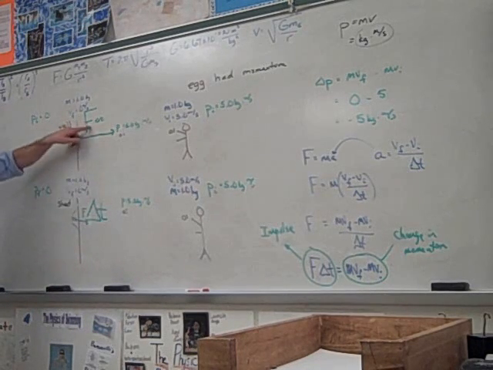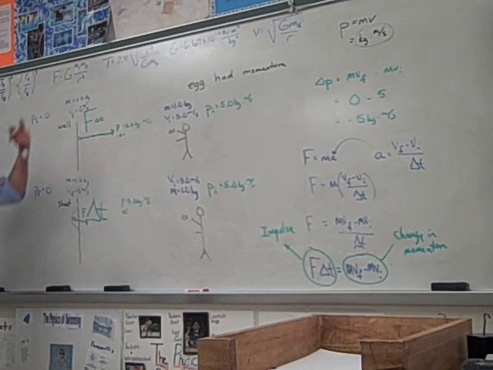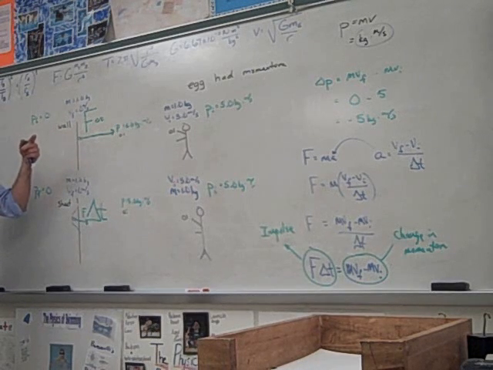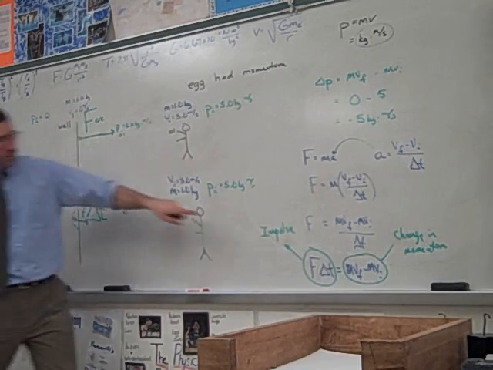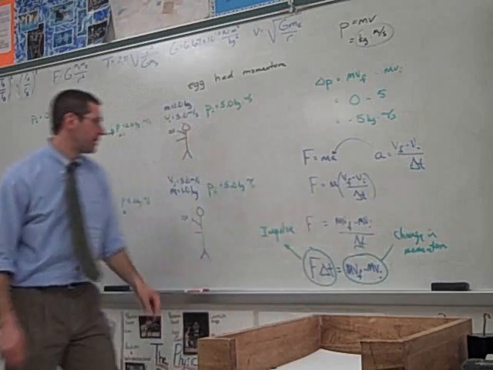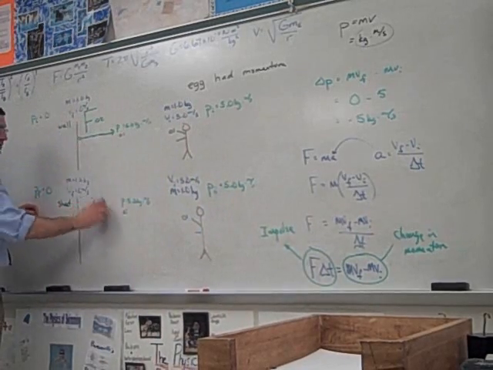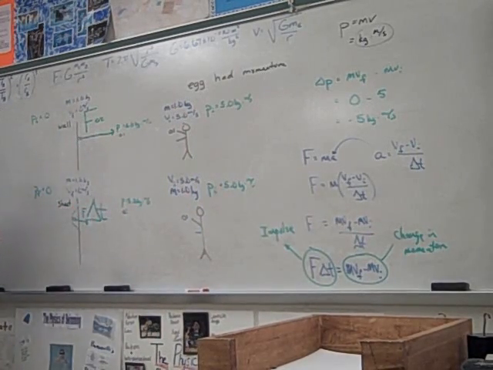Small time, big force, small force. Change in momentum is the same, we just get there differently. The Ft is the impulse, right? Impulse equals change in momentum. So this is the impulse that gives us our change in momentum.